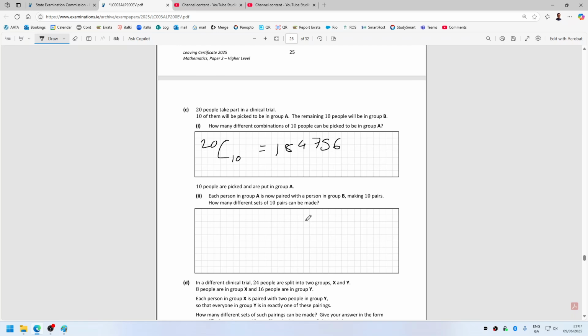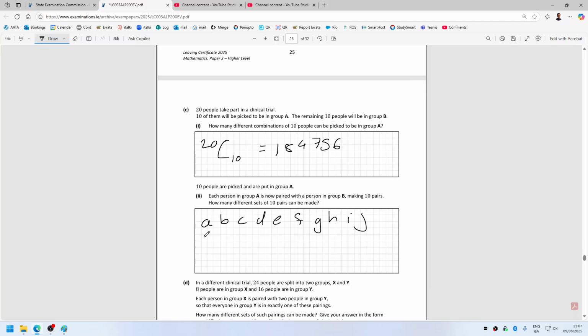10 people are picked and put into group A. So you could have persons A, B, C, D, E, F, G, H, I, J, and then 1 through 10.